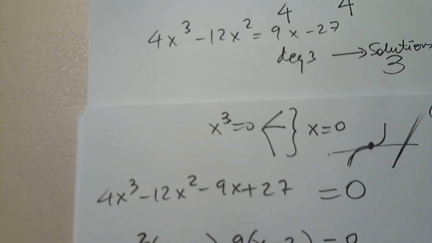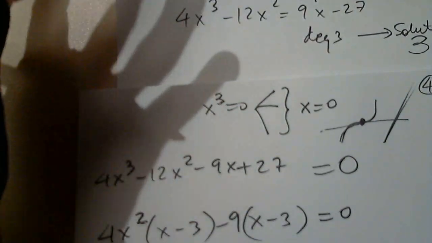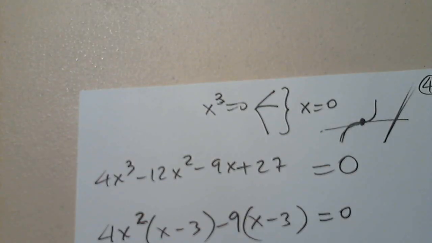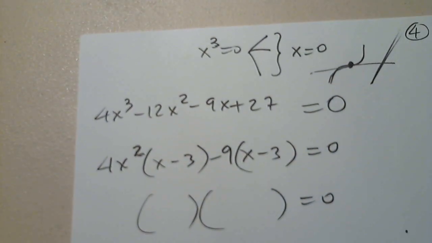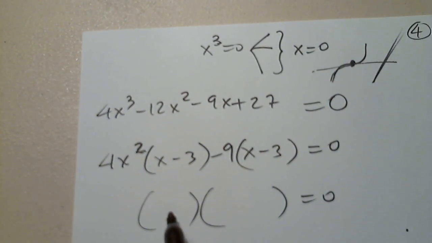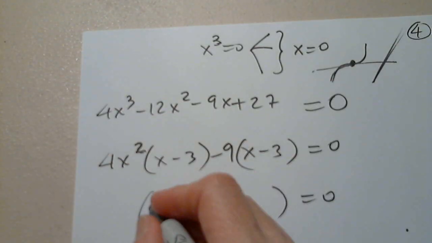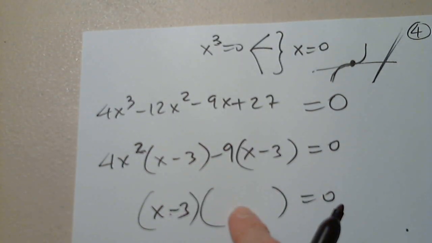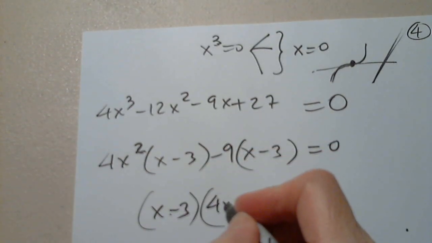What comes out now? Is that x minus 3? Good. And what is left? And then 4x squared minus 9.